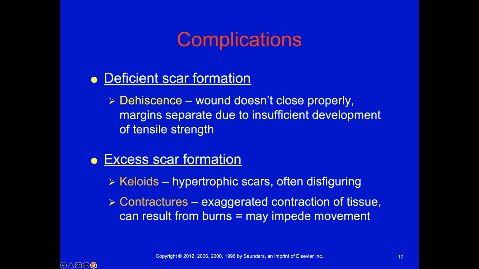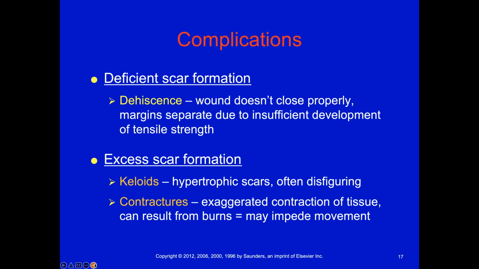It can be pulled apart and the margins will separate. So this is the result of insufficient development of tensile strength. Tensile strength being the strength of something that resists being pulled apart. So this is called dehiscence, a wound opening up.